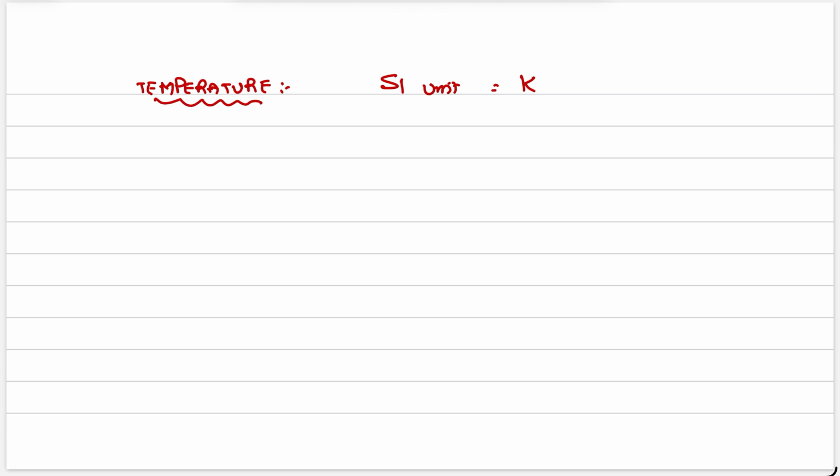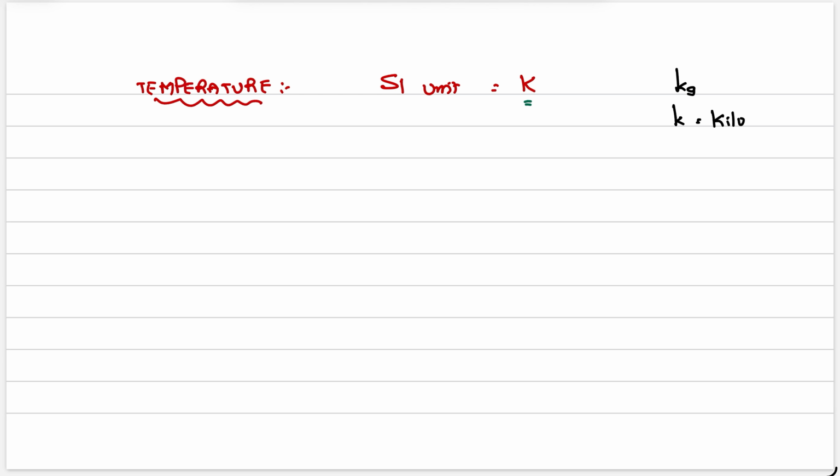Kelvin, you please remember, this is a capital letter. kg is different. It is a small k there, whereas in Kelvin it is capital K. Small k is equal to kilo, but capital K means Kelvin.